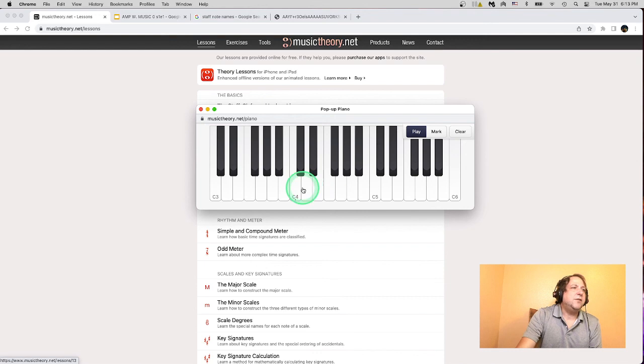So let's say you have a C, right? No, we'll go C, D, E, F. Let's say we have an F. If you write F flat, you'll have an E. That'll be the note that'll sound. If you have an F and you put a sharp, it'll sound like that, as that sharp.